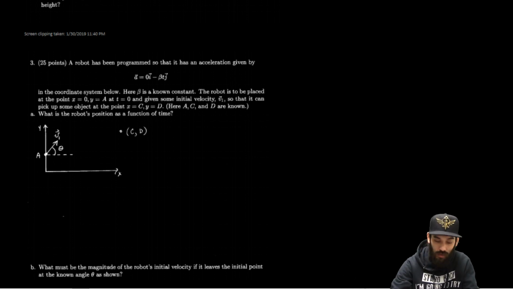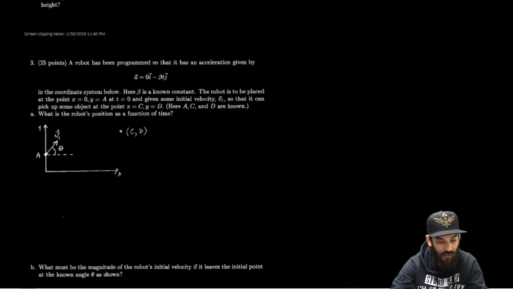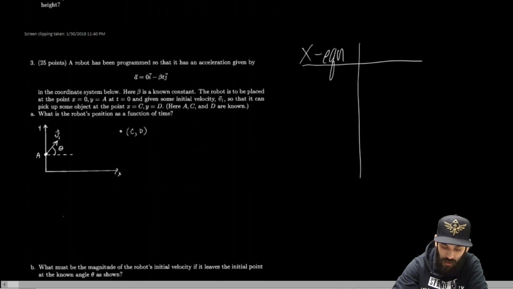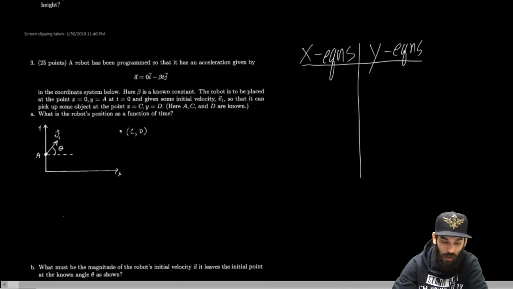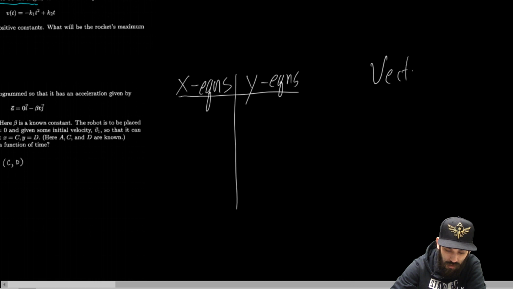Okay. So as I've done these kinds of problems, there are 2 ways to approach it. One way is to do this in terms of a table where we break this into our x equations and our y equations. Alternatively, you can do this in full vector notation.